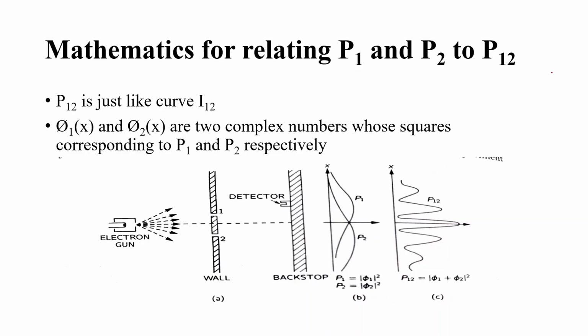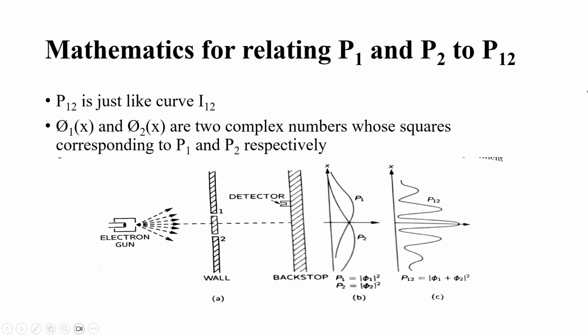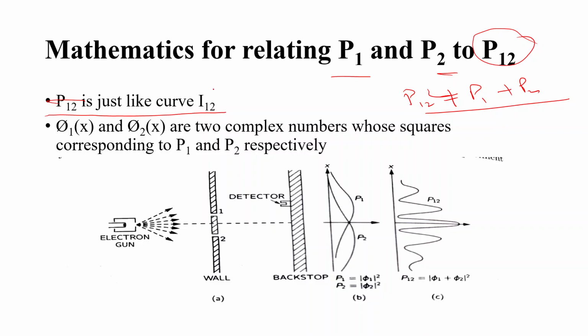So mathematics for relating P1 and P2 to P12. As you can see, this result is not correct, so we must relate them. Let's say this P12 is just like I12, which we discussed in our wave experiment.